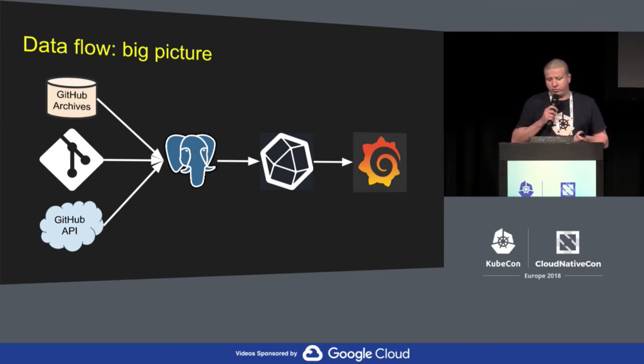Every CNCF project has its own dashboards. There are three data sources: GitHub Archives, Git, and the GitHub API. The remaining part, which is the Postgres database, Influx database, and Grafana, is duplicated 20 times because every single CNCF project has its own instance of this.